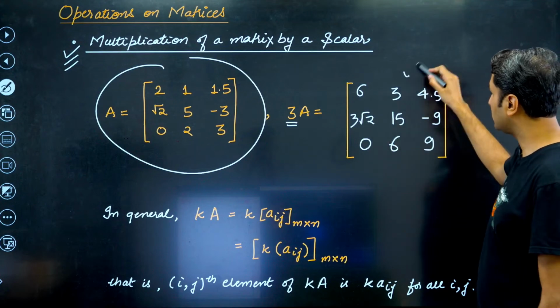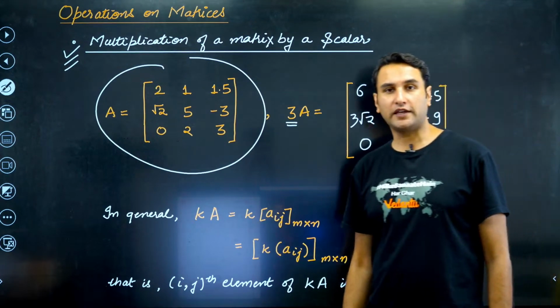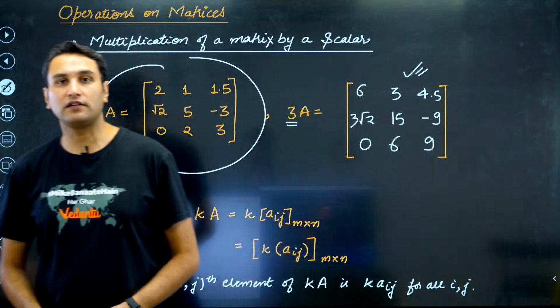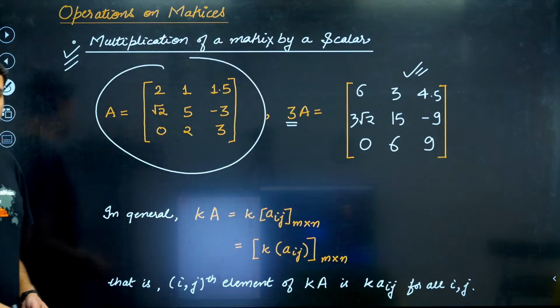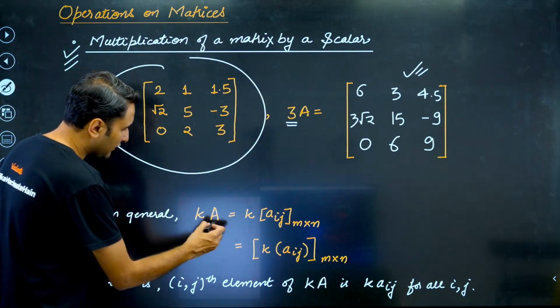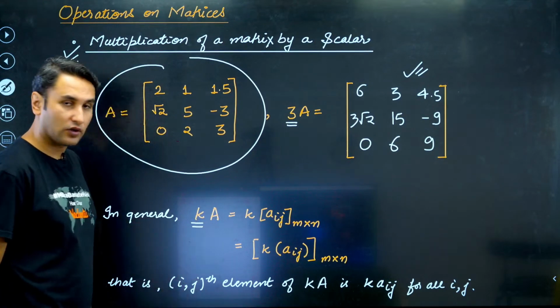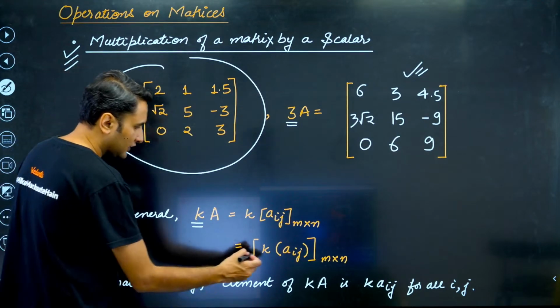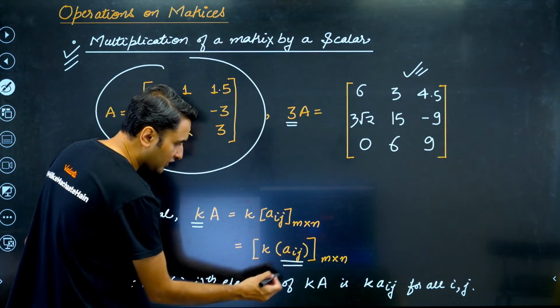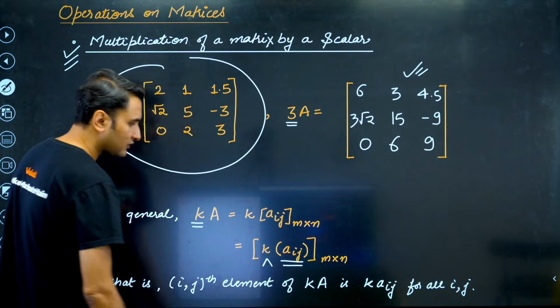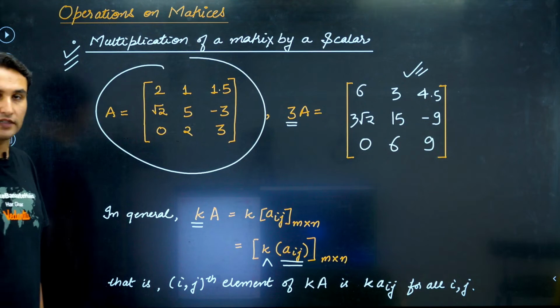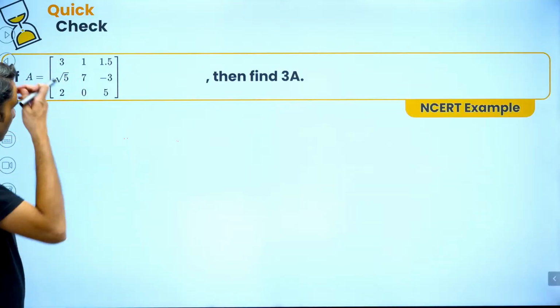So this is the resulting matrix of multiplying a scalar with a matrix. If you multiply a matrix by a number k, or a scalar k, then all the elements aij will get multiplied by the number k. That's it, simple.